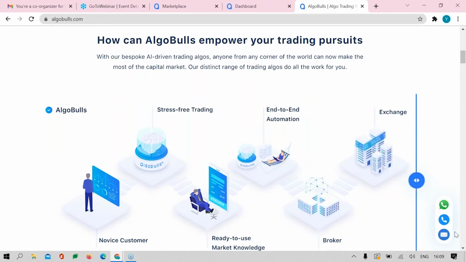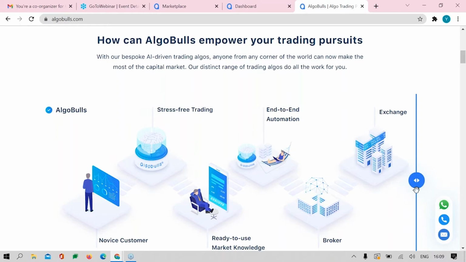we are going to make your trading experience really stress-free, where you can choose end-to-end automated strategies from our marketplace, which are curated and created by experts like Mr. Dinesh Nagpal and internally by the AlgoBulls team. We have many experts coming onto our platform. Apart from that, we are connected with 23-plus brokerage partners, of which Alice Blue is one of our prime partners, through which you can seamlessly take the trading experience.